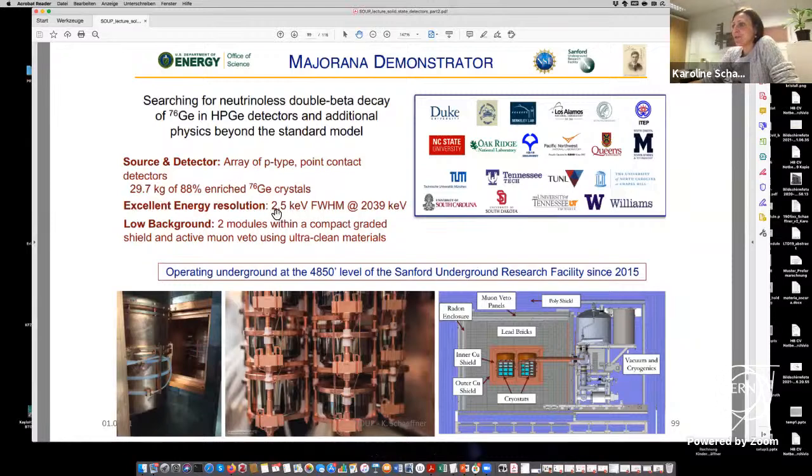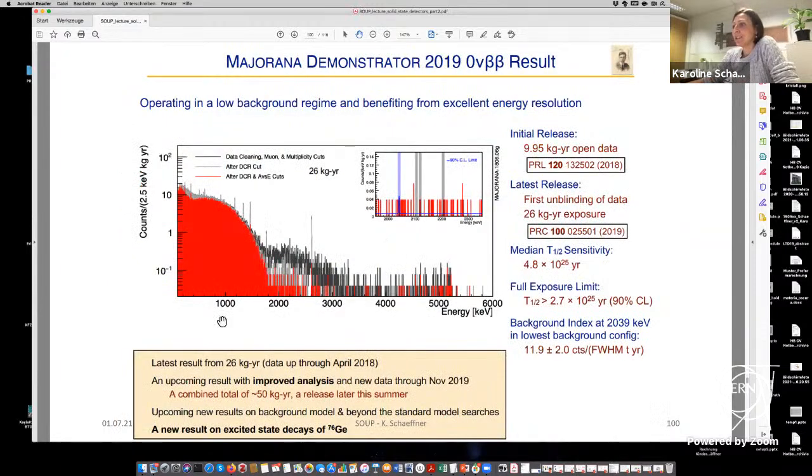I should mention here it's 2.5 keV at full width half maximum at the Q value. So this is really amazing. And here you see their results. They have not such a low background as GERDA has, because they don't have this intelligent technique in vetoing everything which comes from outside.